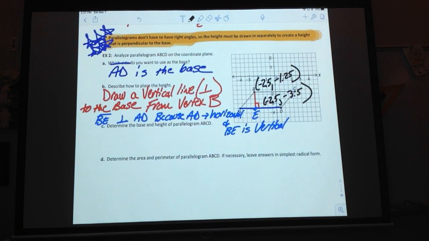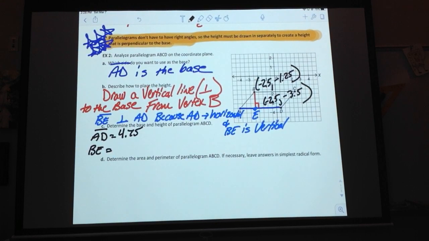So, I can count for AB and I can count for BE. In AD, sorry I said AB, A to D is going to be 4.75 when I count it. From left to right, A to D is 4.75.